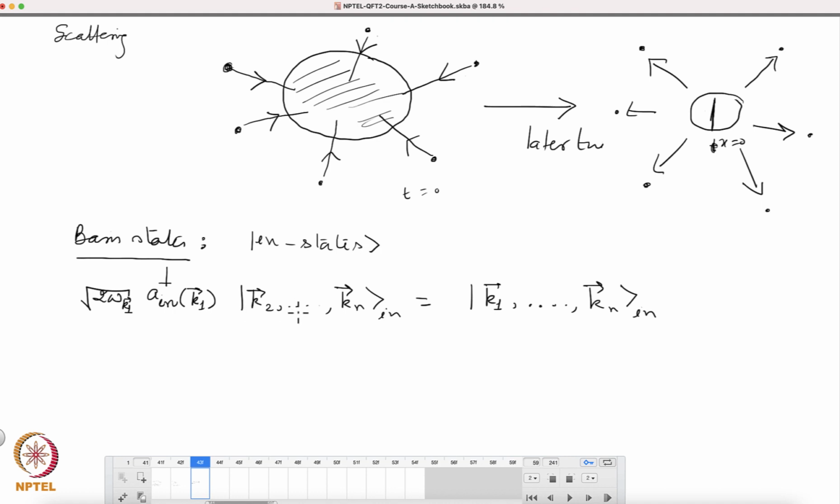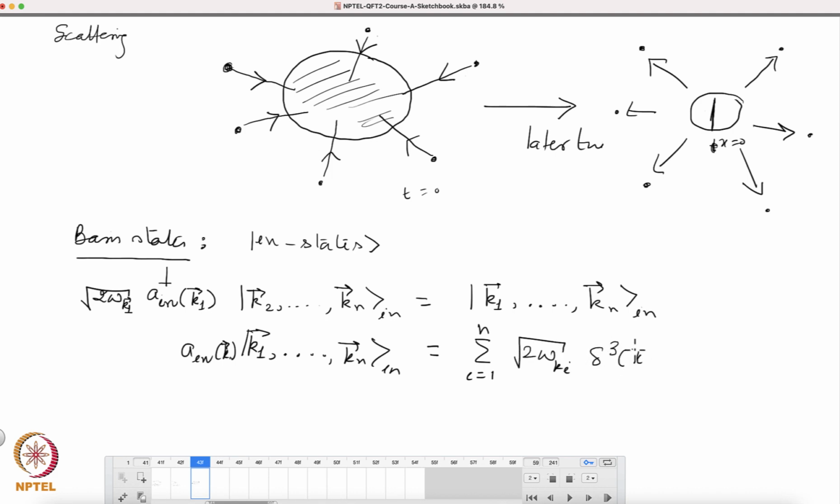And we also saw that if you start with a state which has these labels K1 to Kn, and act with A in of K, I think this I showed you only for the case of a single particle state, but if you repeat the arguments, you can see that this will give you the following result. Sum over i equal to 1 to n of 2 omega k_i, again because of normalization, delta cube of k minus k_i, and there is a summation, and you have to multiply with the in state.